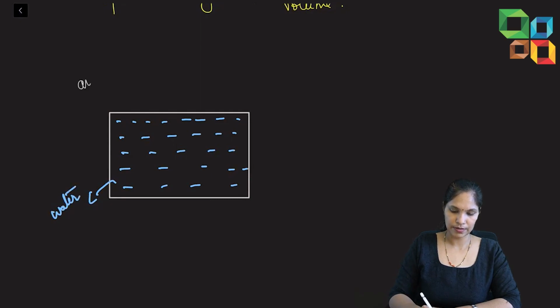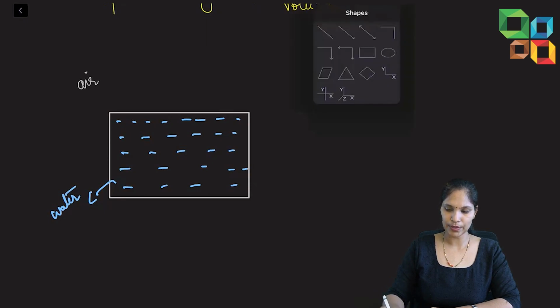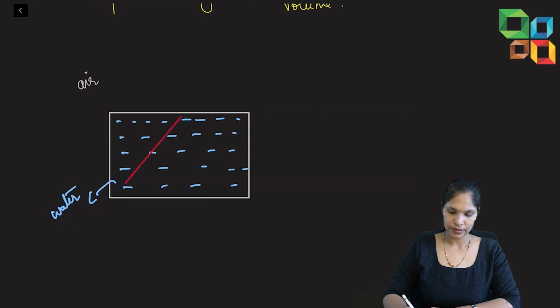This is air medium. And now the light is coming from water and entering air medium like this. So this is the incident ray. I'll draw a normal. This is a normal. So this will be the angle of incidence.